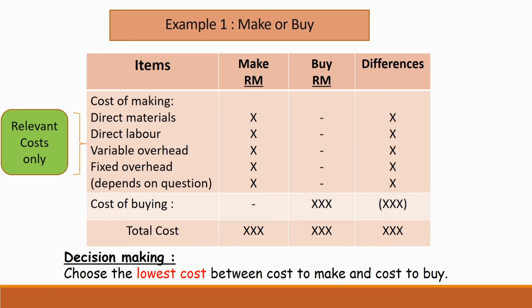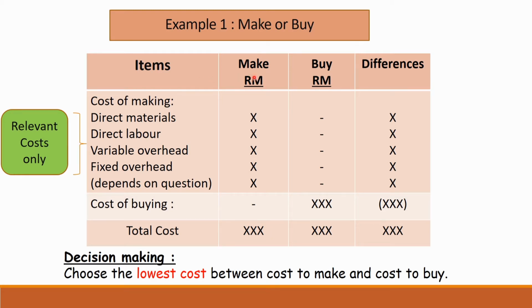This is the example of a differential analysis for make or buy. In this table, we calculate relevant costs only, and there are 4 columns. The first one, item.